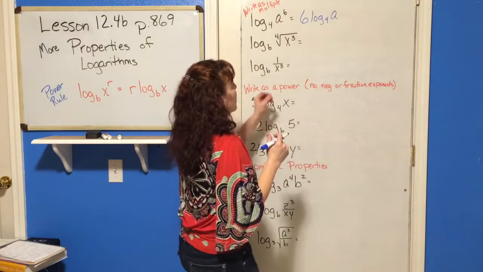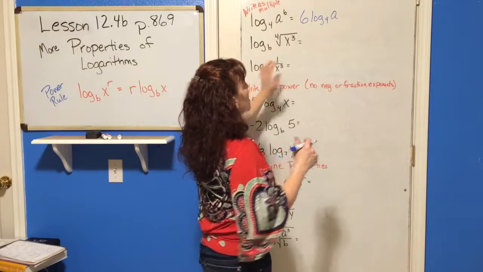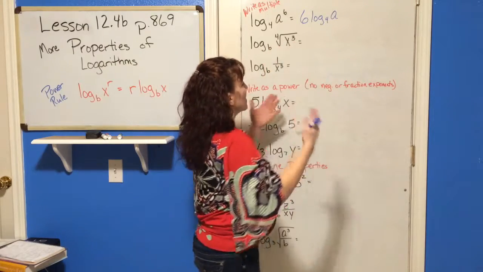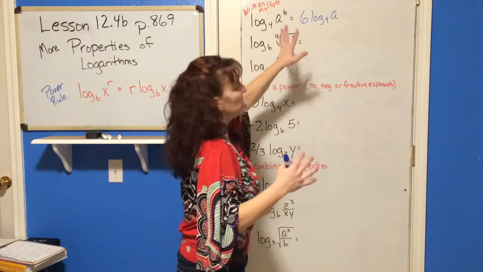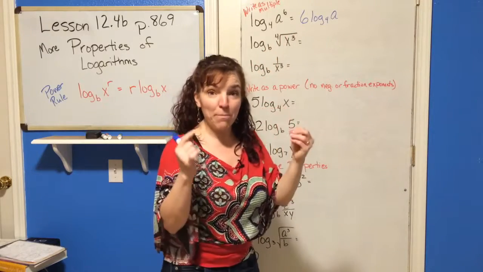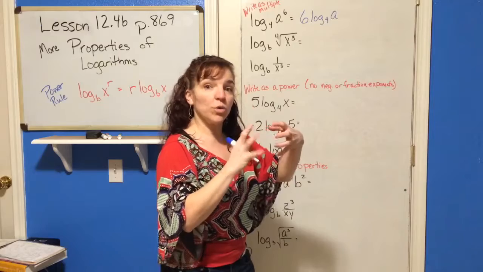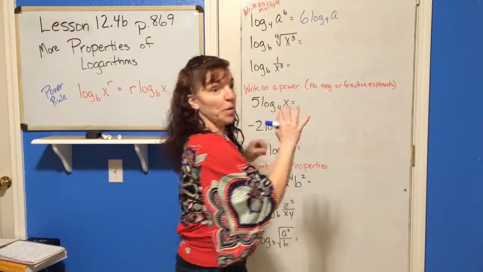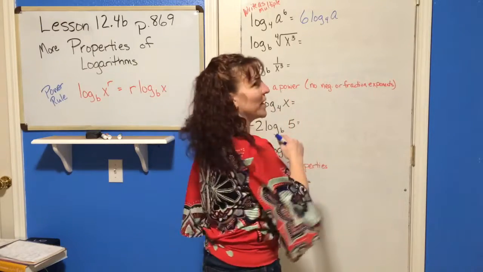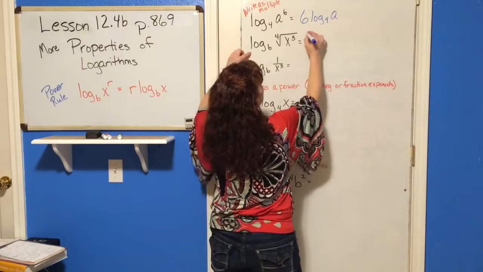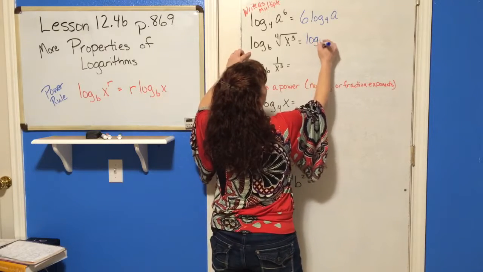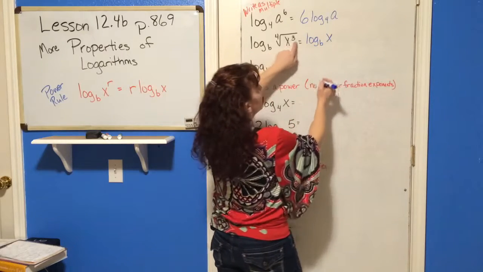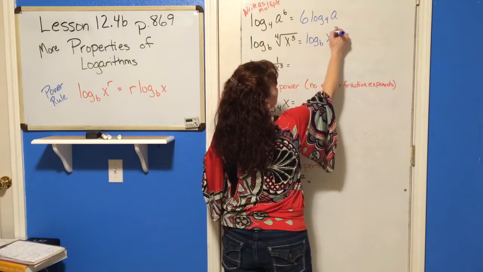Now it gets a little bit trickier with something like this. You've got x to the third, and you'll say, well, I see the x to the third, but what do I do with this square root thing? If you'll remember, the square root symbol can be put into a power, an exponent. So what we've got here is log base b of x to the 3/4 power.